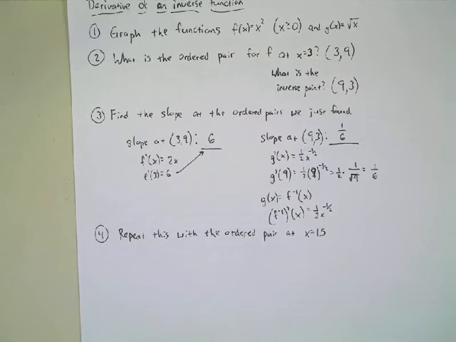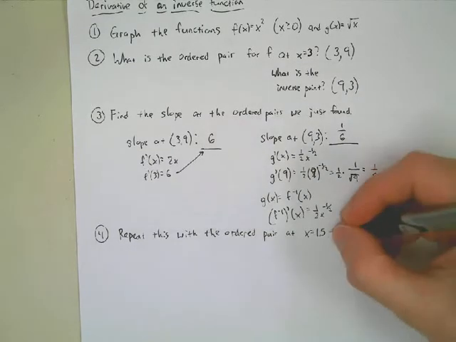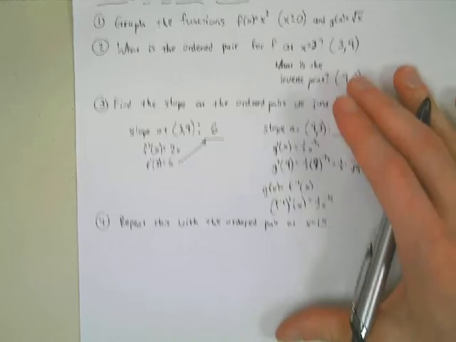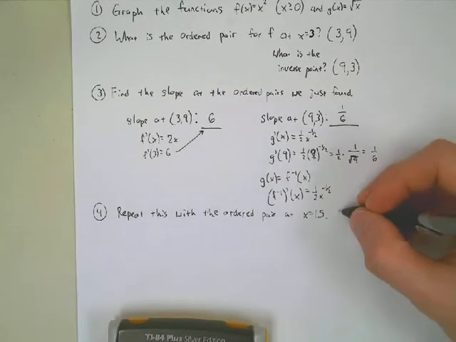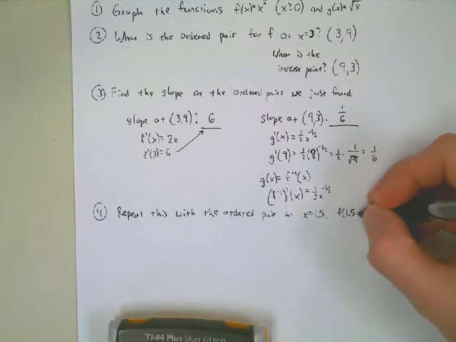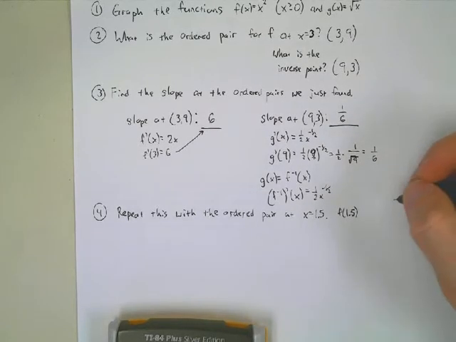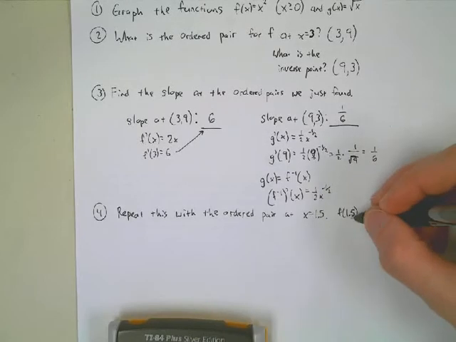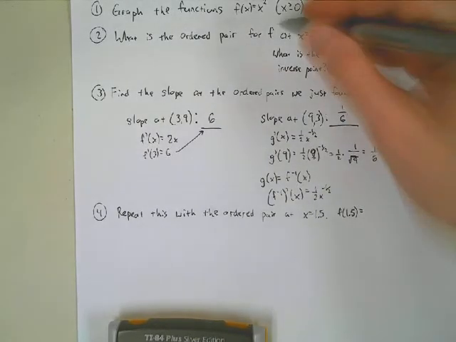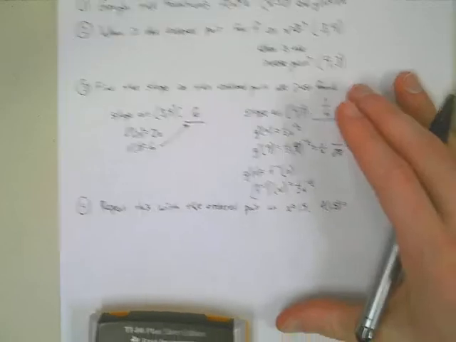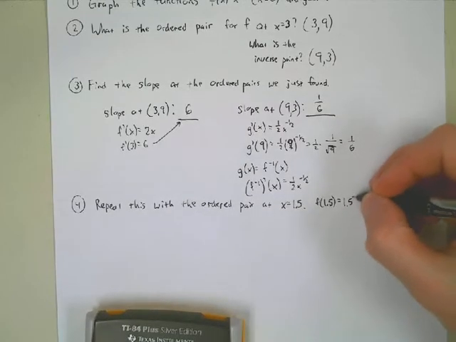Basically we're going to repeat steps 2 and 3. I'll work with that with you here. If that's the x coordinate, we want to find the matching y coordinate with f. So 1.5, we're going to plug that into f, which is x squared. So 1.5 squared gives us, I think, 2.25.